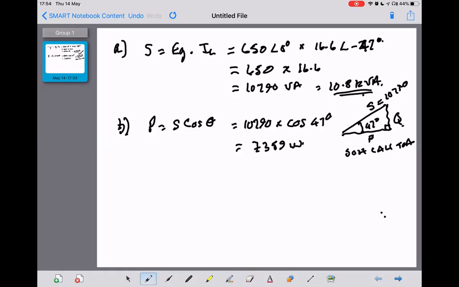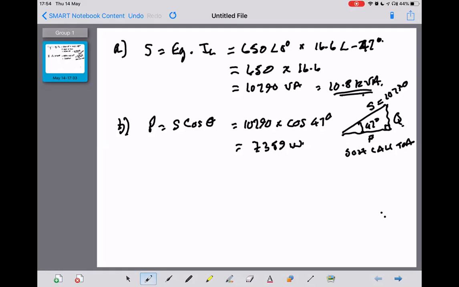Just let me know what you've done, Warren. I did IP equals IL multiplied by cos the angle, to find out the current, and then I did power equals the line voltage multiplied by the current, which got me the same answer.